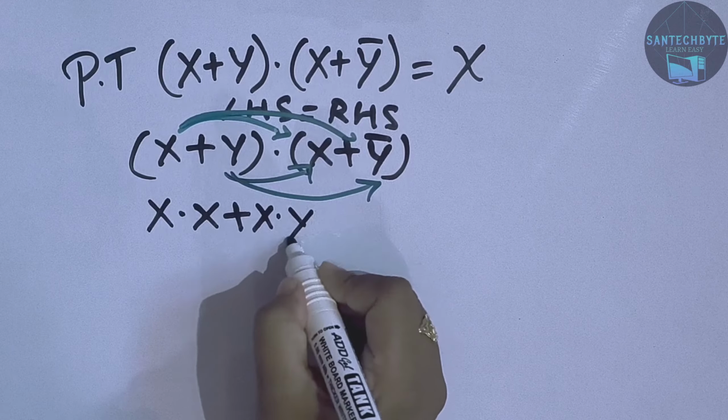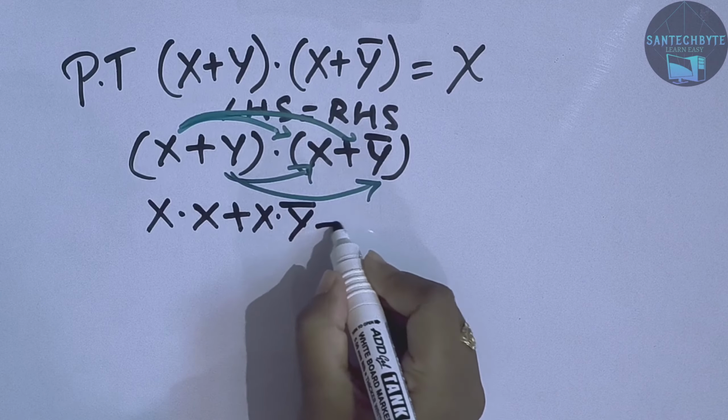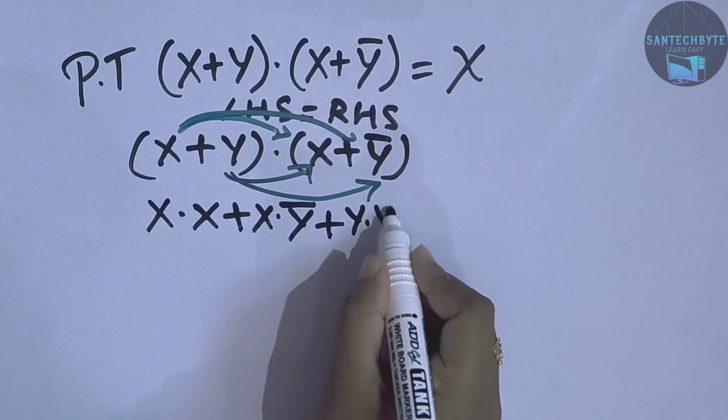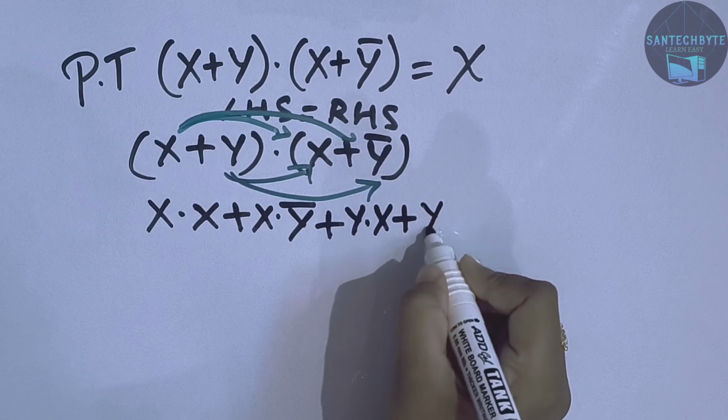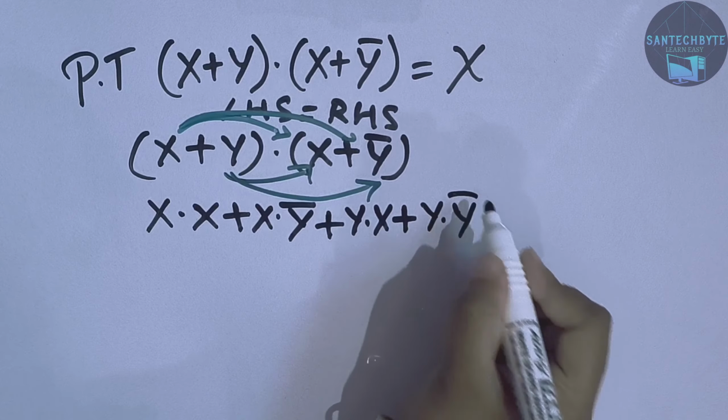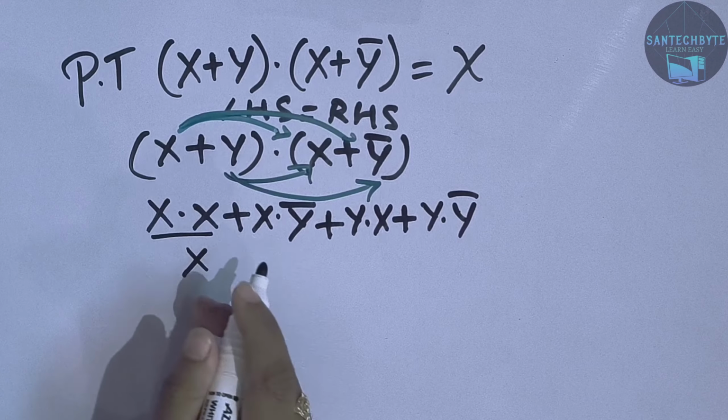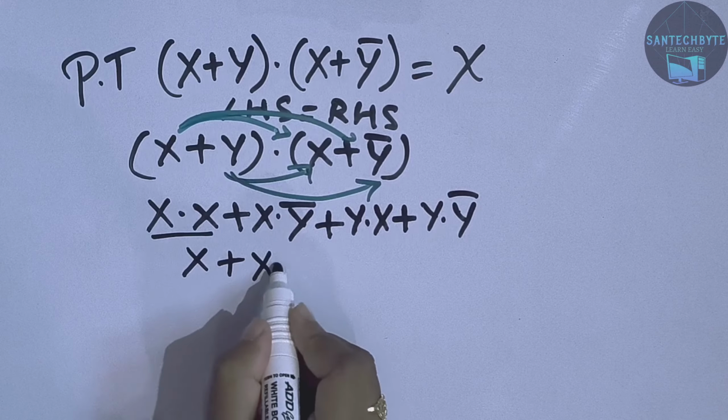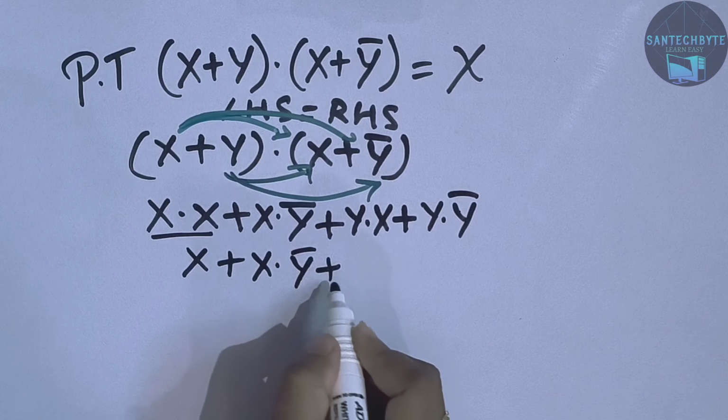So it is X and Y complement, or Y and X, or Y and Y complement. Now again X and X can be written as X. Write the other terms as it is.